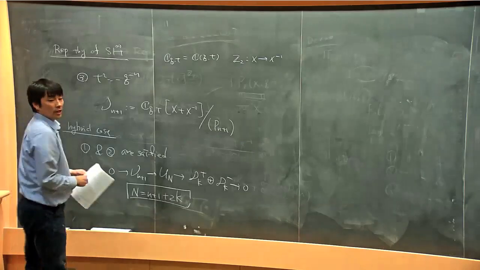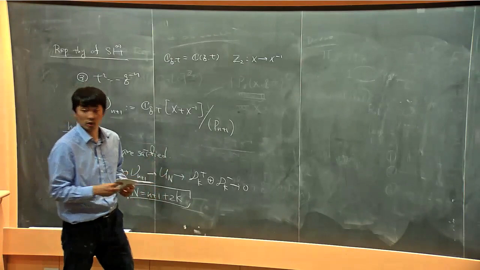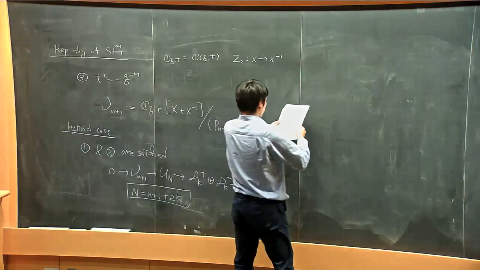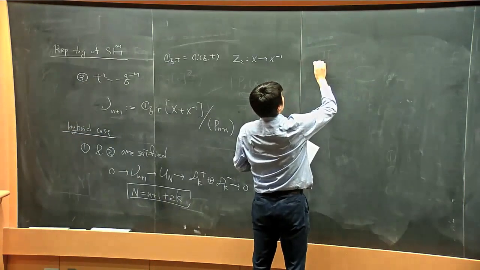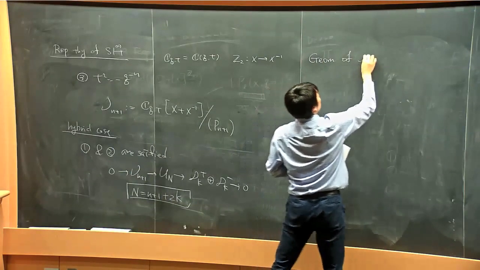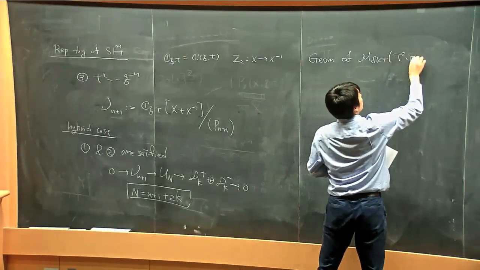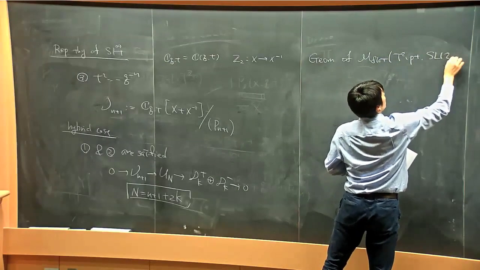And I just want to understand these finite dimensional representations in terms of geometry, Hitchin moduli space. So therefore, I just want to study first the geometry of the moduli space of flat connections of T2 mod point over SL2C.